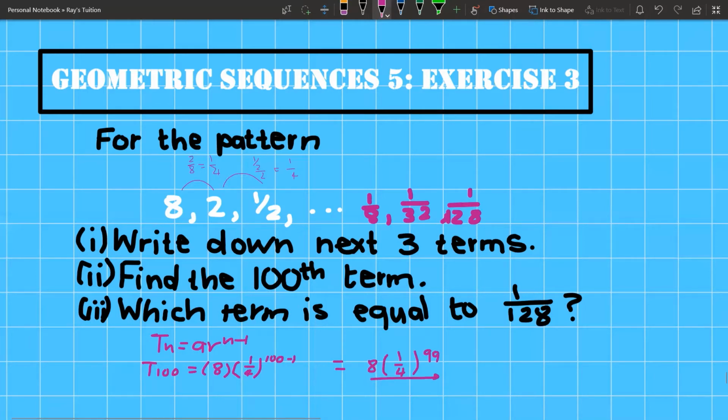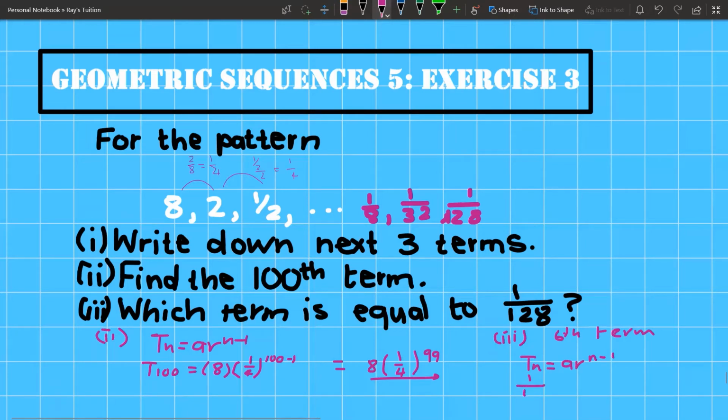So then the next question says, which term is equal to 1 over 128? Well, actually, here we can see it: 1, 2, 3, 4, 5, 6. It's the 6th term. How to calculate it, if you did not write it out, is we have Tn is equal to A R to the power of n minus 1, and this time we are solving for n.